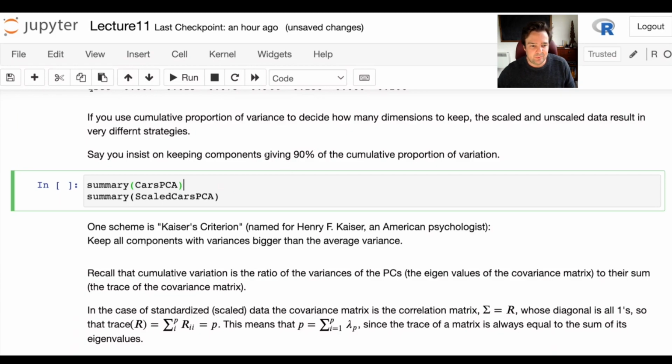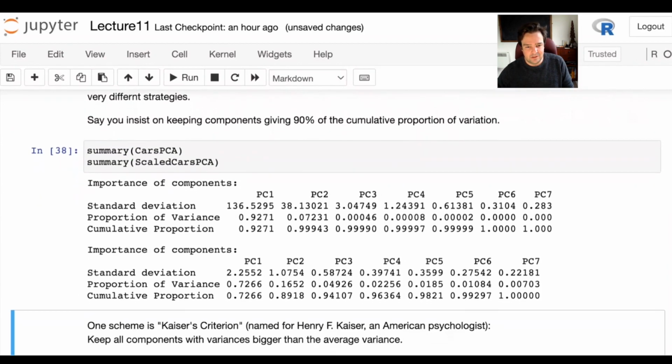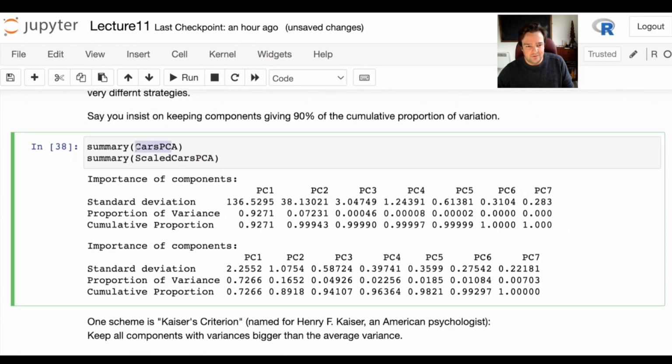Sometimes the way people will do that is they'll say okay, I'm going to keep the number of components that's needed so that the cumulative proportion of variance is 90%. If I look at these two different cases, the unscaled data, which I think is still using grams, if I remember right, and the scaled data, I get pretty different results.